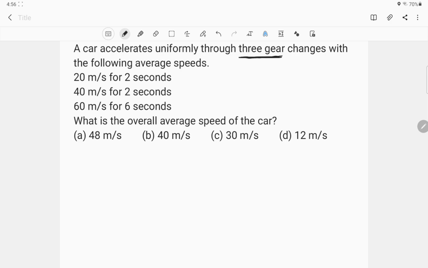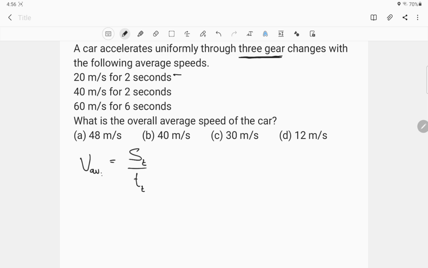So to determine the overall average velocity, we have to use the concept as we did in the previous video. You can watch that video as well. The average velocity is the ratio of total distance divided by total time.